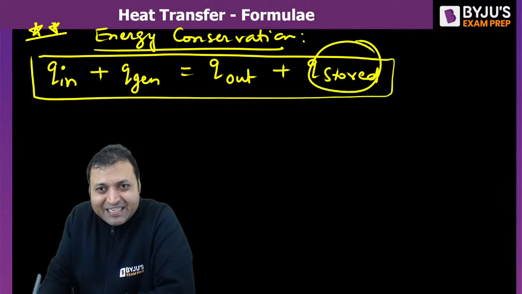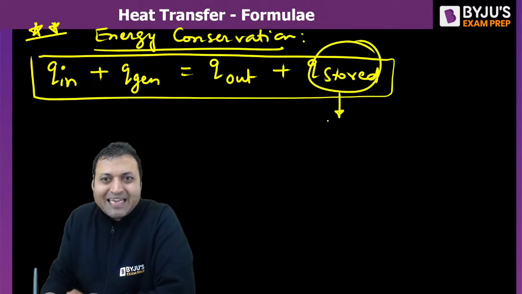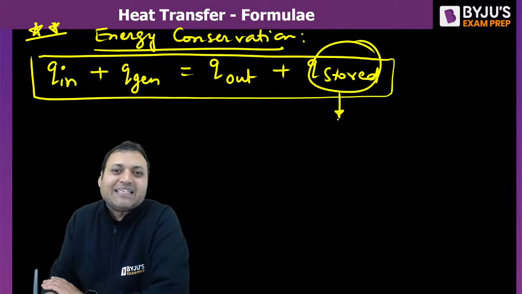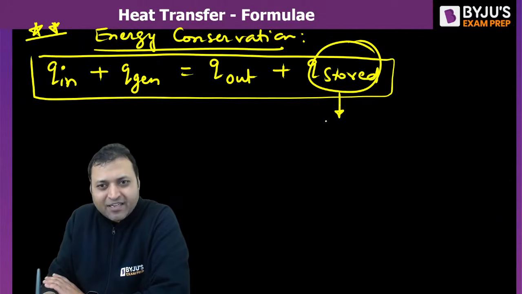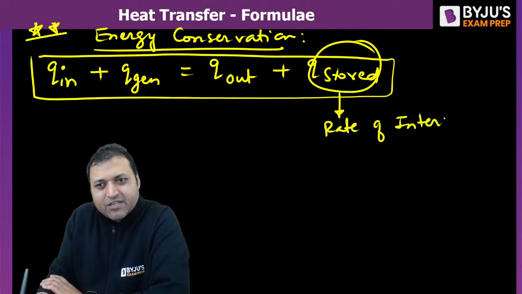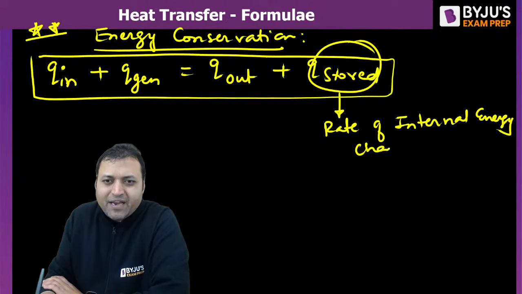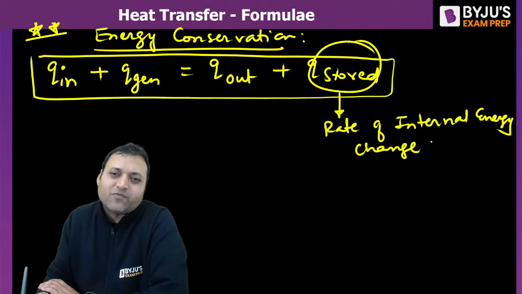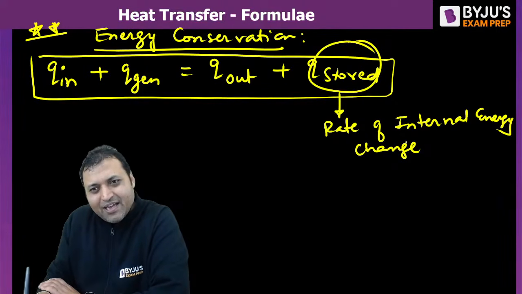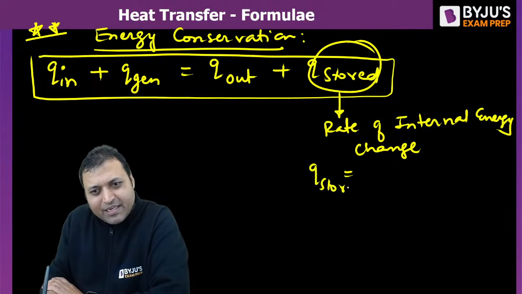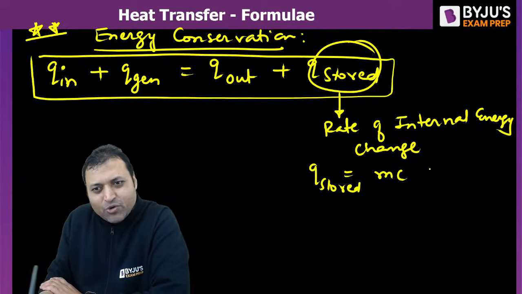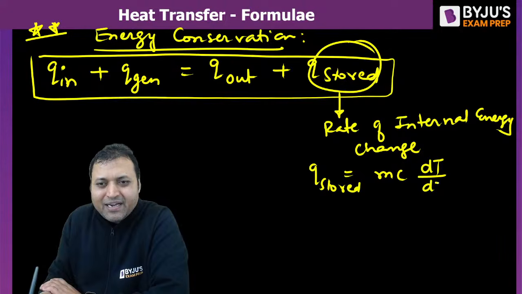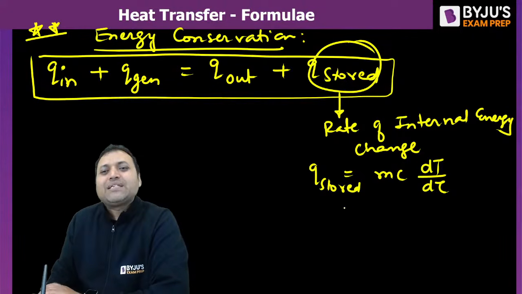When the heat is stored, it changes the internal energy. So it is equal to the rate of internal energy change for the system. So we can say Q stored is given by M into C into dT by d tau.